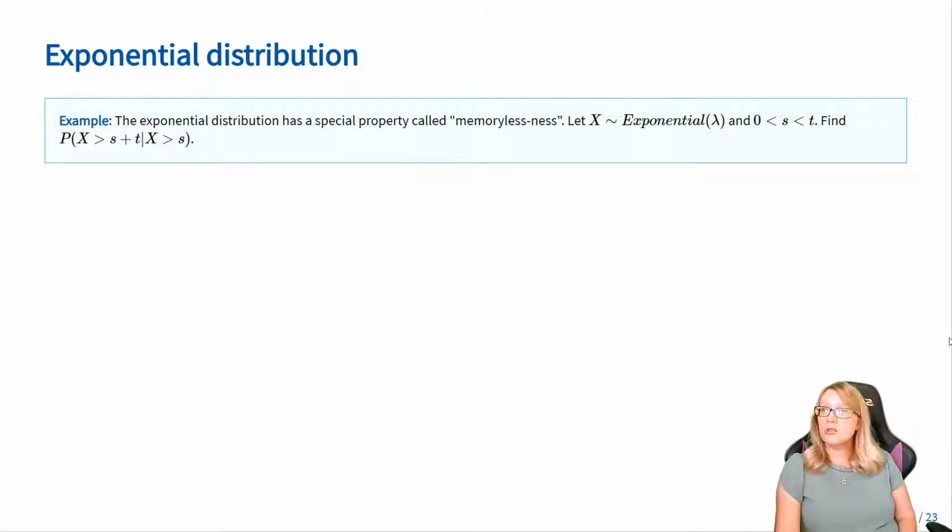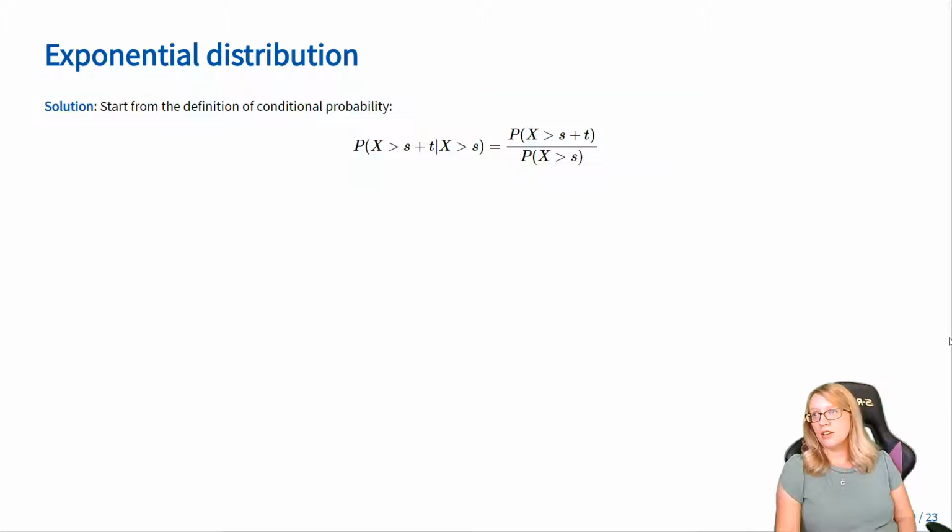Now the exponential distribution has a special property to it. It's what's called memoryless. So we'll let X be distributed exponential lambda. Let's find the conditional probability that X is greater than s plus t, given we know that X is greater than s. Starting with the definition of conditional probability, in the denominator we have our condition, the probability that X is greater than s.